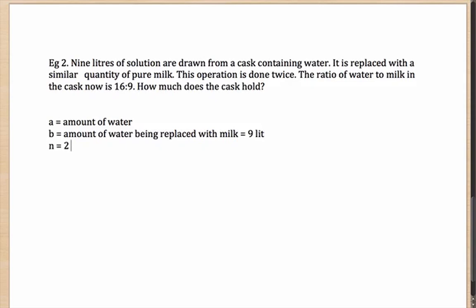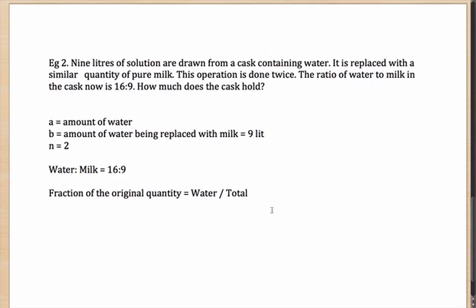What is given to me is the ratio of water to milk is 16:9. Now, keep in mind that water is to milk is 16:9. What do we have the formula for? We have the formula for the ratio or the fraction of the original quantity. That means the formula that we have is for water by the total.